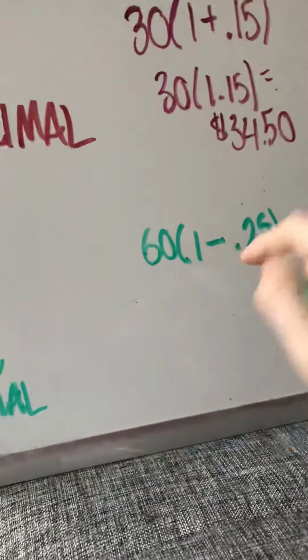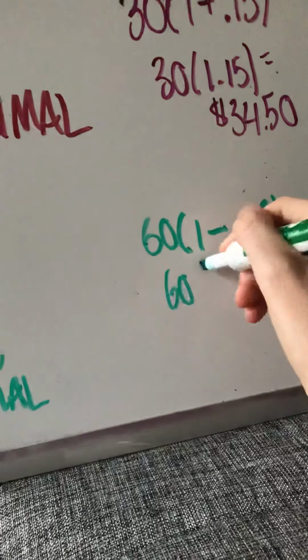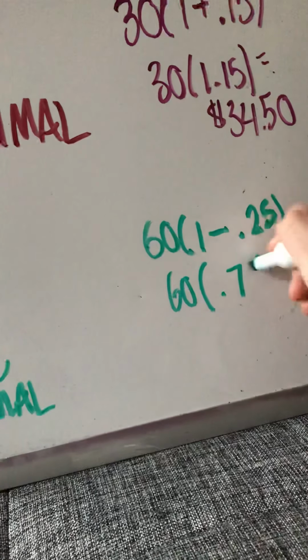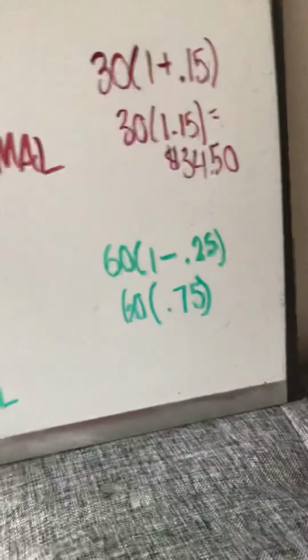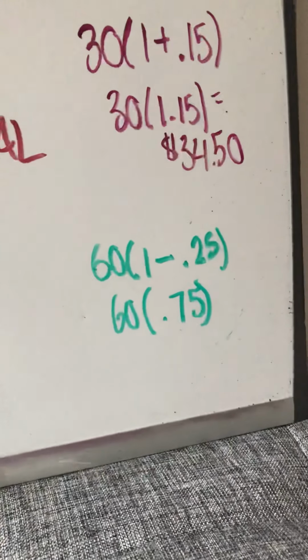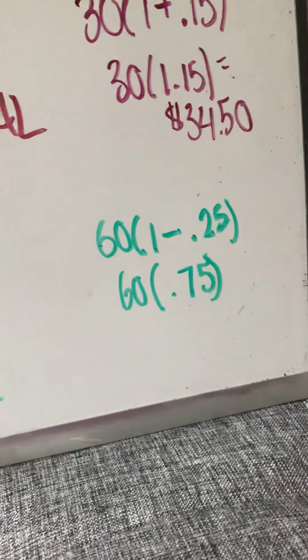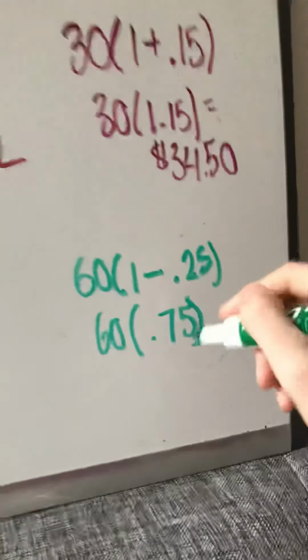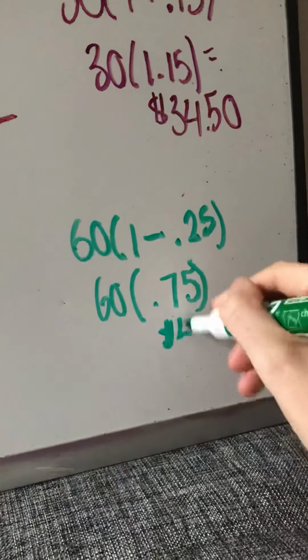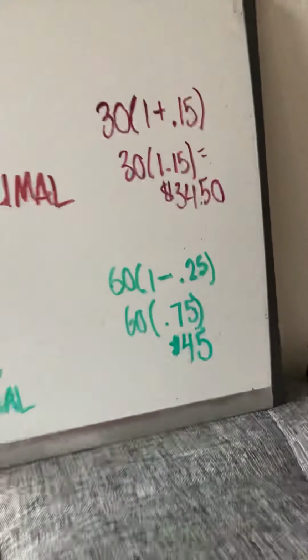And again, you could have just written 60 times 0.75. And notice your base or your decay factor is less than 1. That's a good way to check yourself. And that's going to leave you with $45.